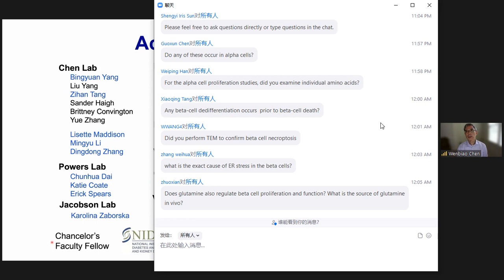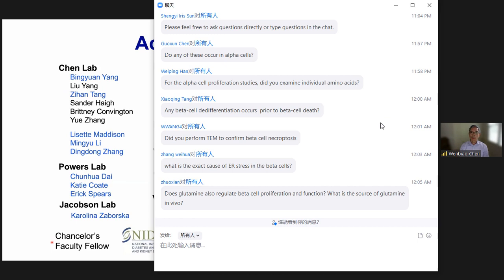The source of glutamine is mostly, I would say, probably from muscle. We know that alanine and glutamine are the primary amino acids in the bloodstream. Those are the two highest concentration amino acids in the bloodstream.